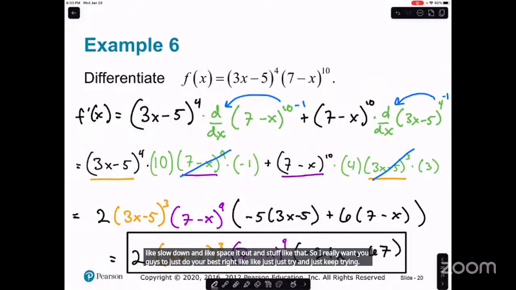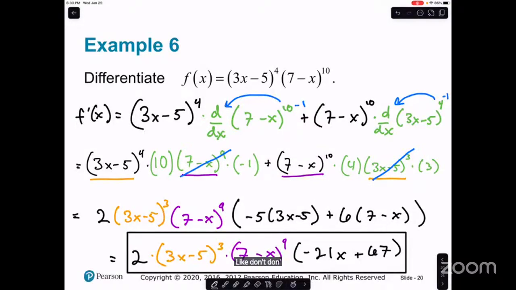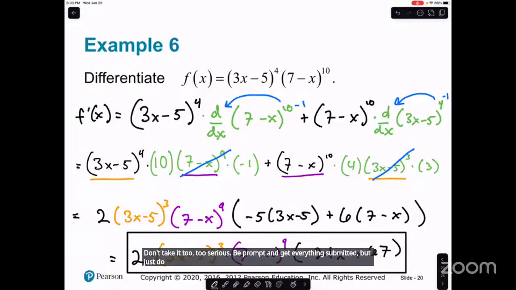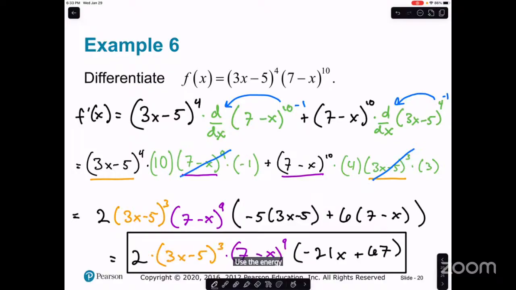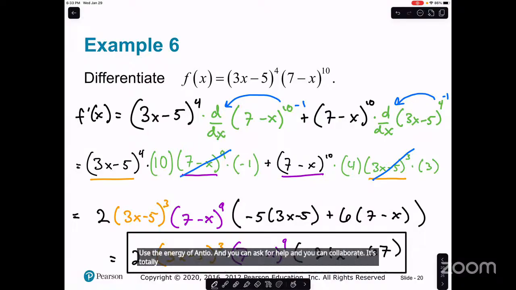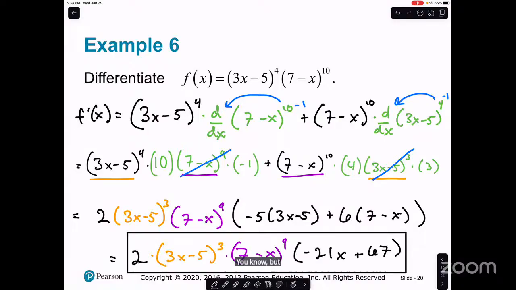Don't take it too seriously. Be prompt and get everything submitted, but just do the best that you can. That's why I intentionally put the unlimited attempts. You get it wrong, try again. You can ask for help and you can collaborate. It's totally okay. Just try to learn as much as you can and do your best. Okay, let's see how we did.